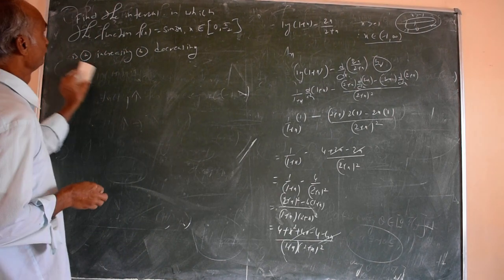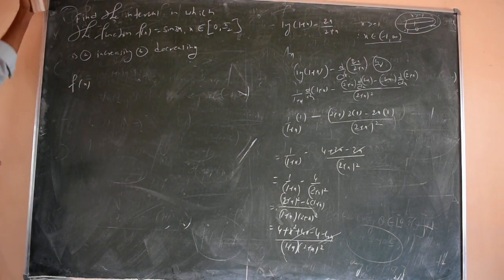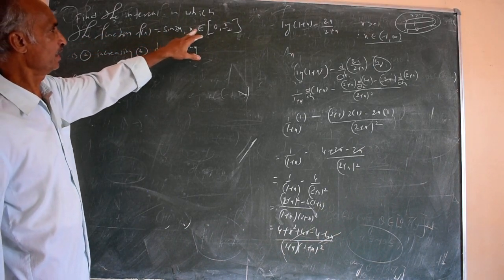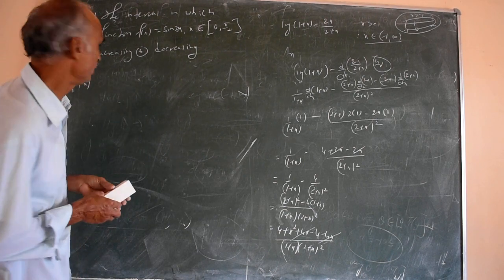First one: f of x is equal to sin 3x, x belongs to 0 to pi by 2. The function in which interval is increasing, and in which it is decreasing.